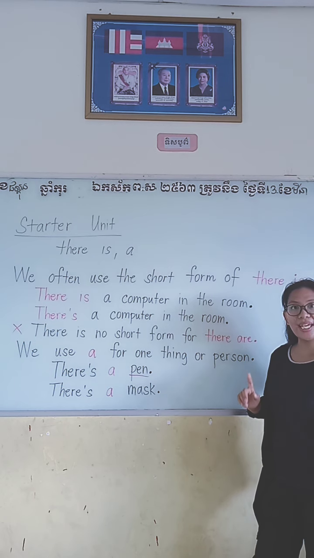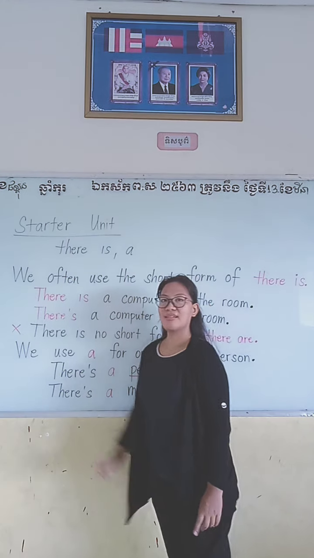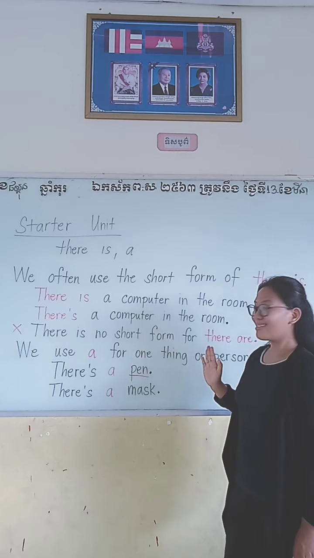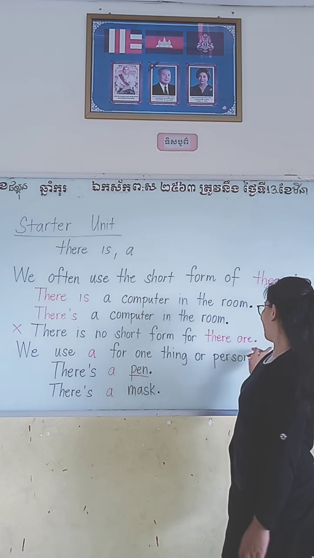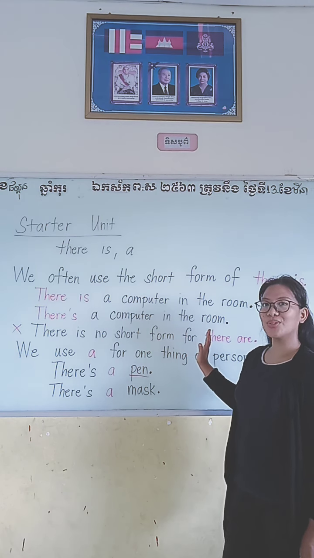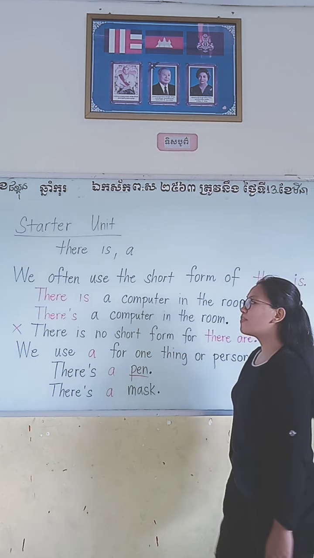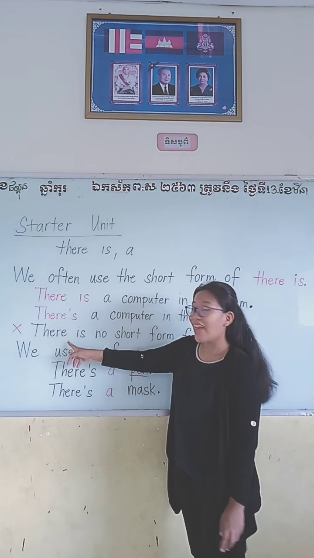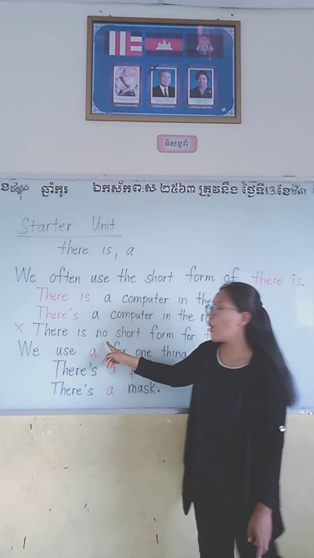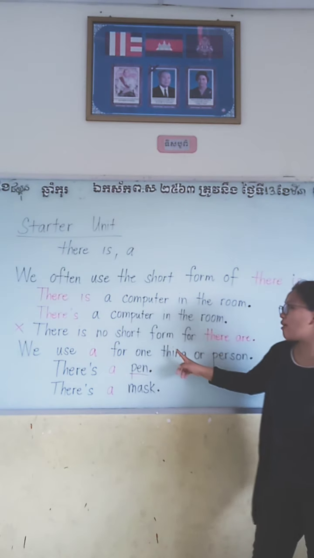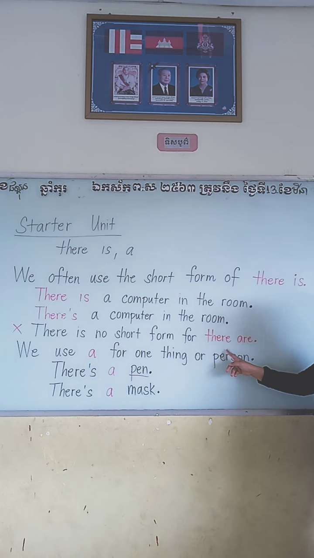Now, there is a warning here. X. When you see an X, that means you should not follow this rule or don't do anything, okay? Let's read. There is no short form for there are.